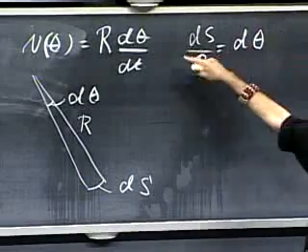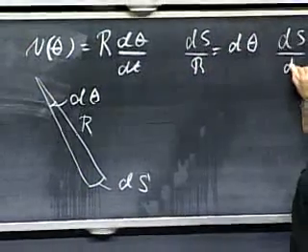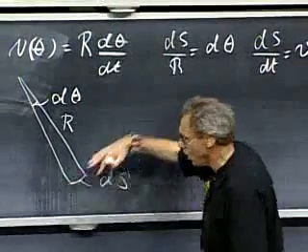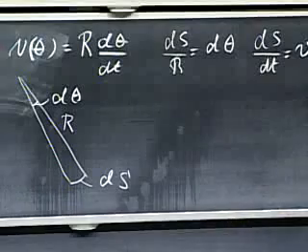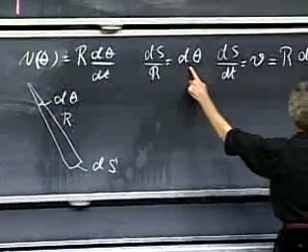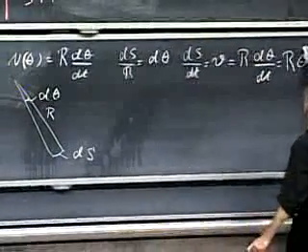So I take the time derivative, left and right. So I get ds/dt, which of course is the tangential velocity along that arc, equals r times d theta/dt, for which you can write r theta dot.